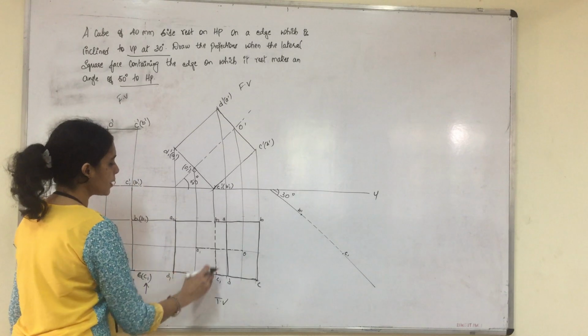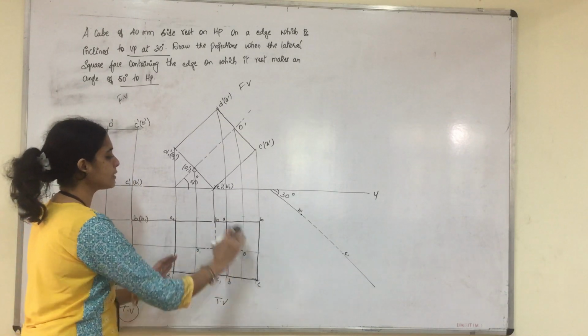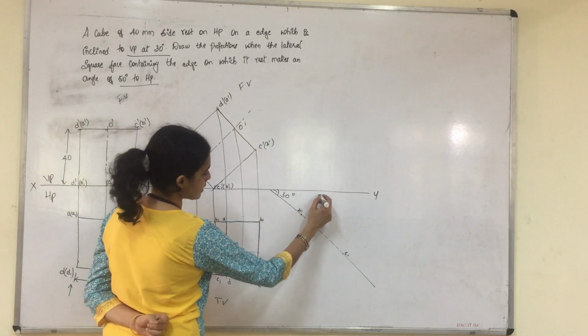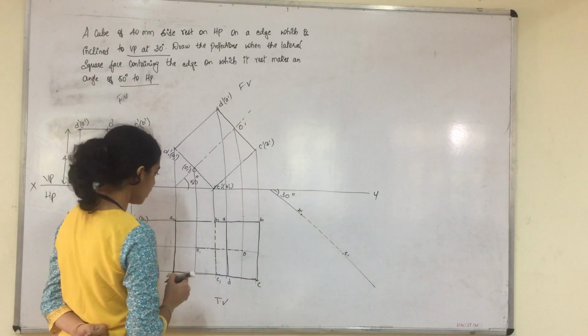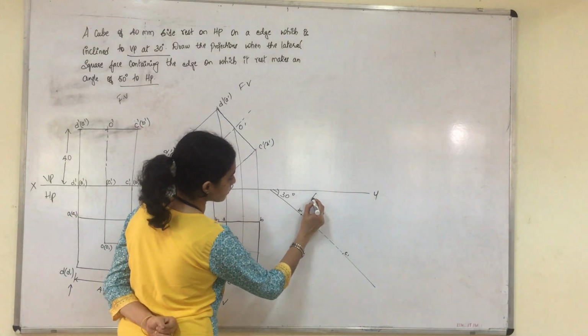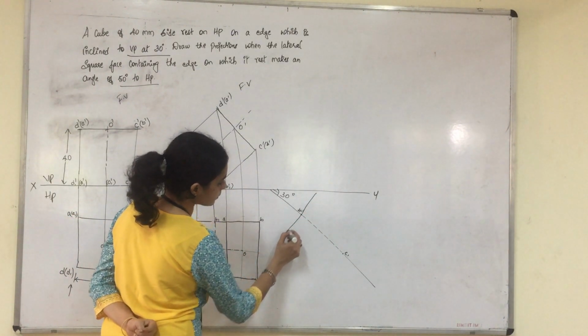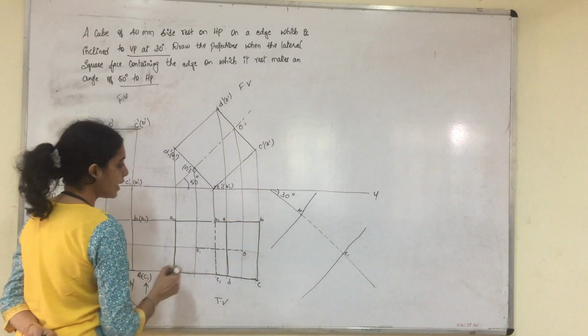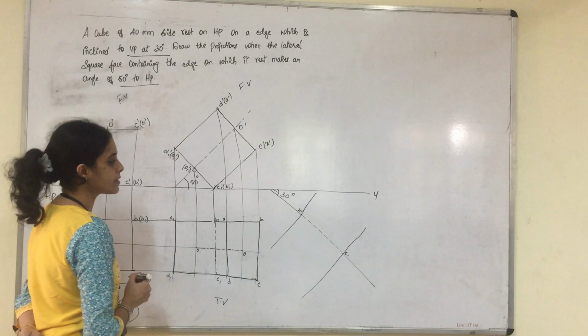So once you got B1 and C1, we need to reconstruct the remaining part of the cube. So you know that it looks exactly vertical line. So you have to draw vertical line passing through B dash and C dash.